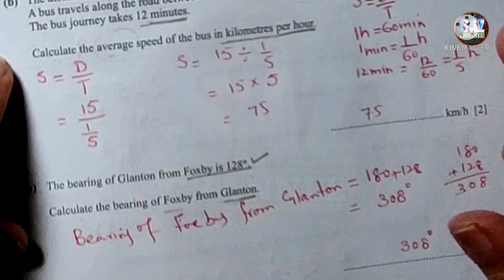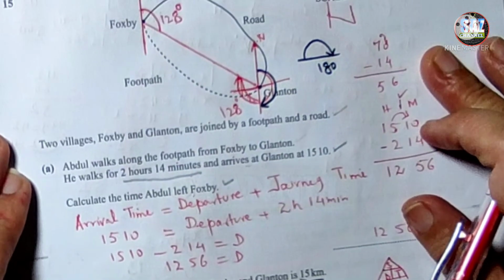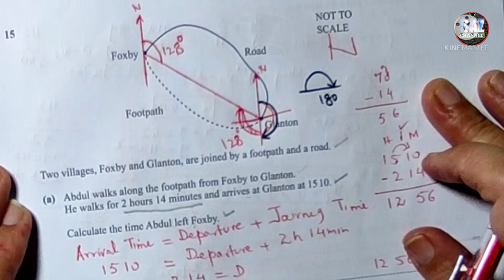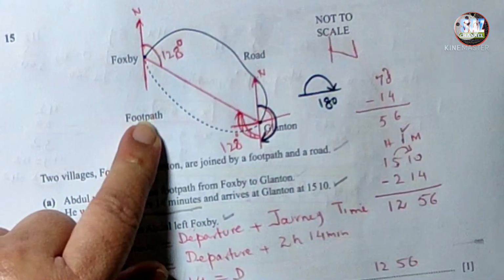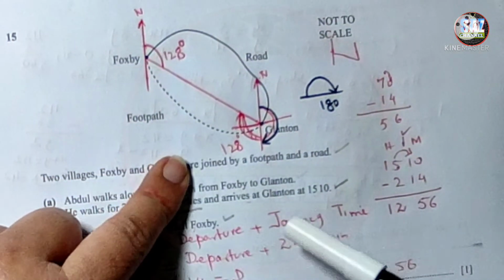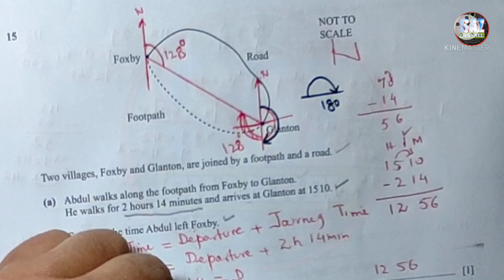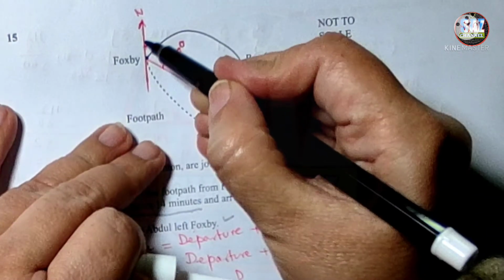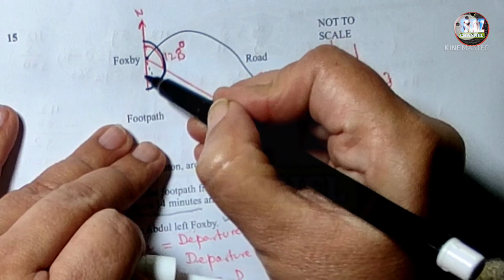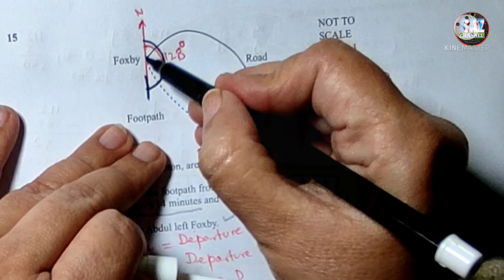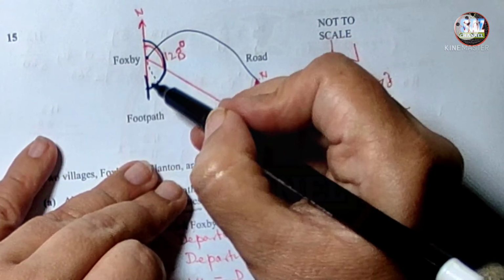Another way of solving, let me discuss the other way of solving the question as well. Let me bring the picture down under the camera. Look, again, if we look at the Fox Bay position, we can see that here we have a semicircle, and in this semicircle, this much turn is 128 degrees.